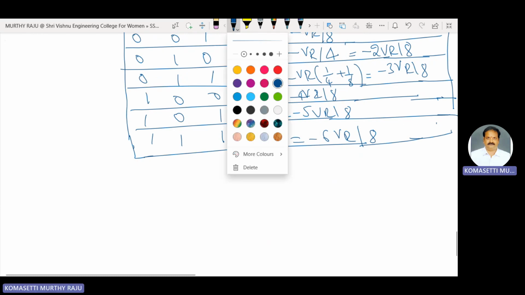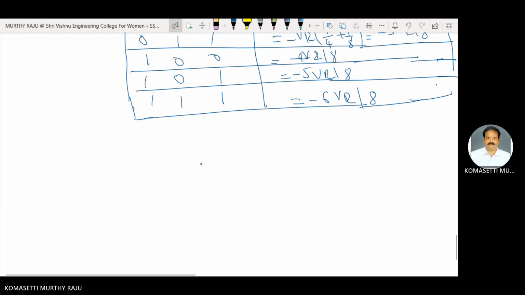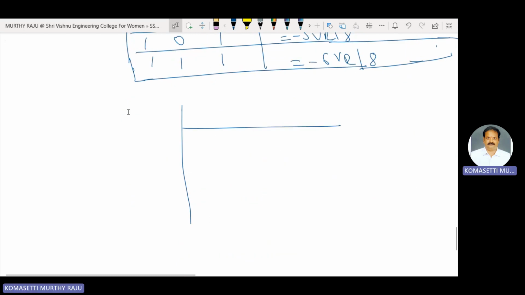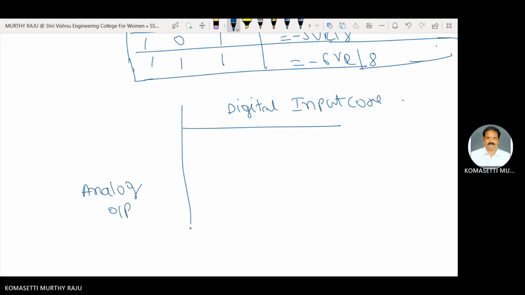By using this, draw the graph. This is the digital input code, and the negative y-axis is analog output. 0 0 0, 0 0 1, 0 1 0, 0 1 1, 1 0 0, 1 0 1, 1 1 0, 1 1 1.